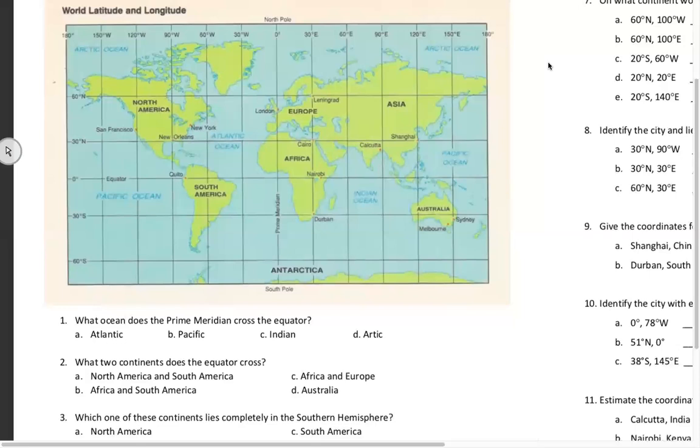Louis, what ocean does the prime meridian cross the equator? So look up here. What is the prime meridian? The up and down.